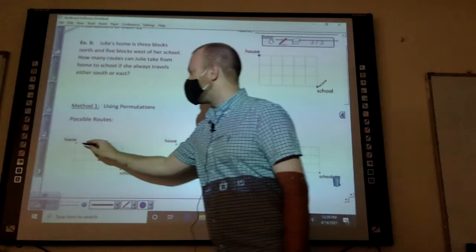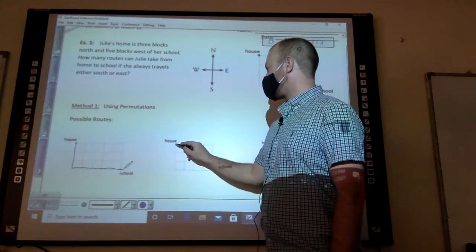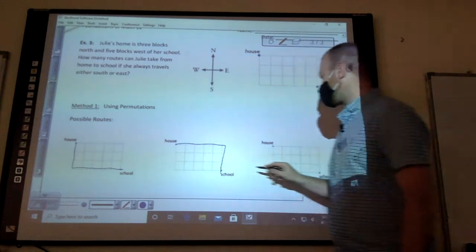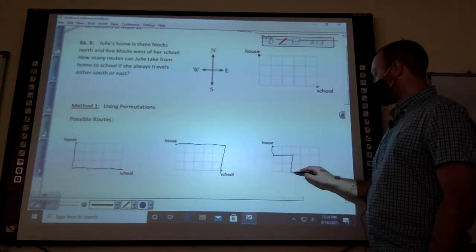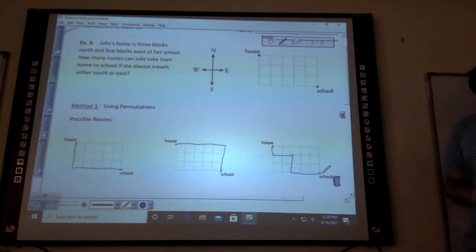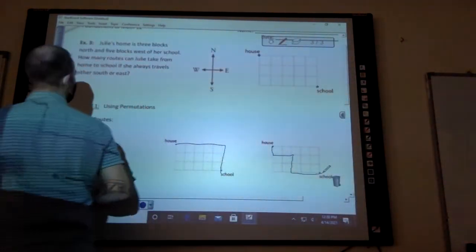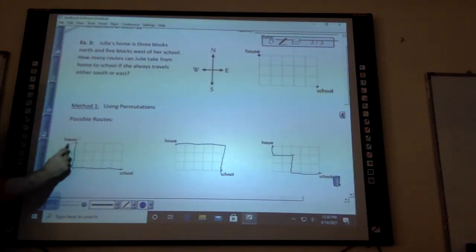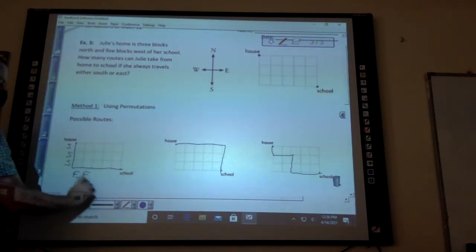I could go something like this, and then like this. I could go like this, or like this. I could take some complicated route down in the middle like this. But the essence of what I'm trying to do is I need to move 3 squares south, and I need to move 5 squares east.